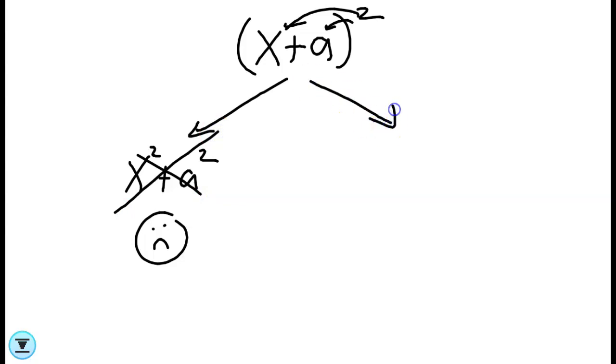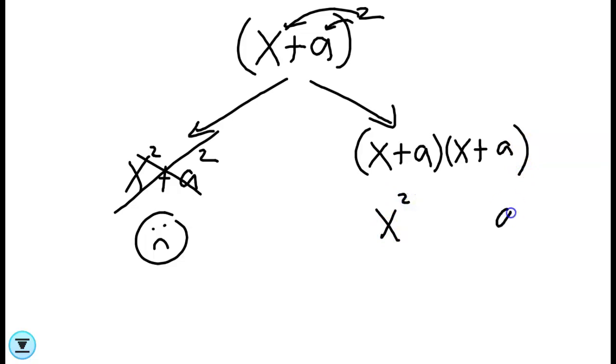The correct understanding of that is that it's x plus a times x plus a. And as you guys know, that turns out looking quite a bit different. Okay, so obviously these two expressions are not the same thing. So you do not distribute an exponent over addition like that. Okay, so that's a common mistake that students make.